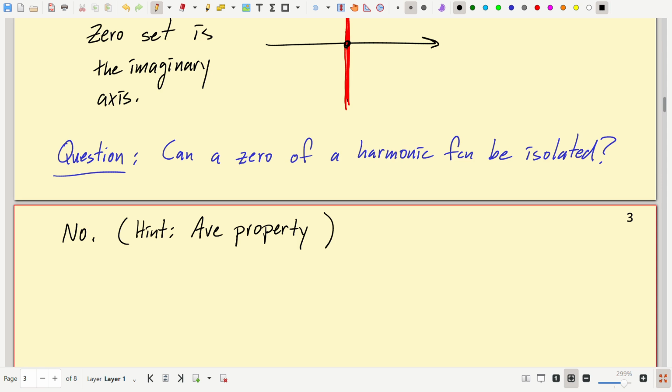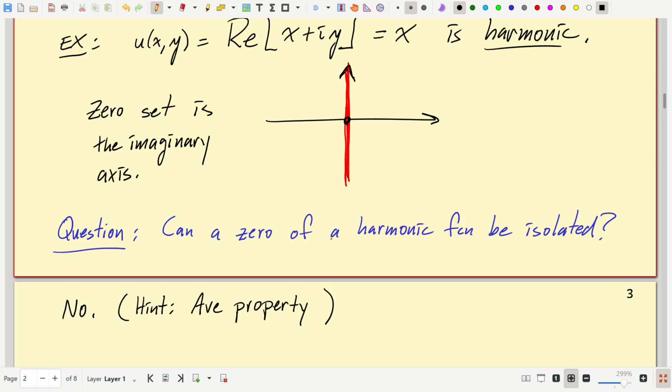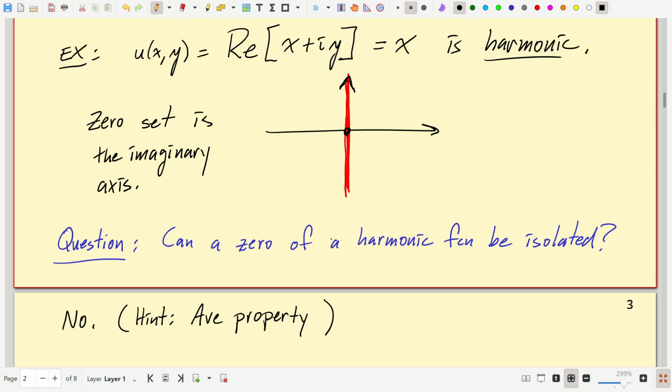Curious, for the thing about the imaginary axis, is there a limit point? Every point on the imaginary axis is a limit point of the complex plane. Let's take our omega to be the whole complex plane C, where it's harmonic.